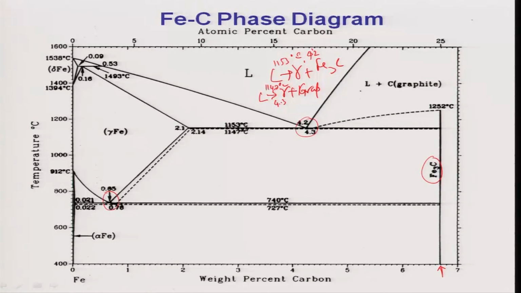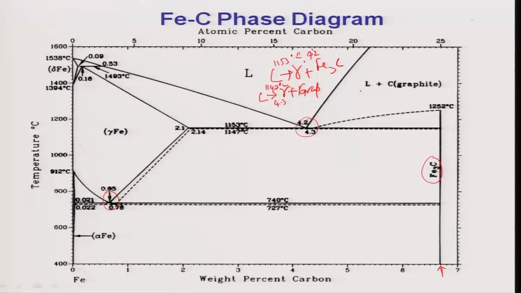When you form graphite directly from the liquid, graphite has a different crystal structure, a hexagonal crystal structure, as you know. On the other hand, cementite has an orthorhombic crystal structure. Because of the change of crystal structure, solubility changes, everything changes.